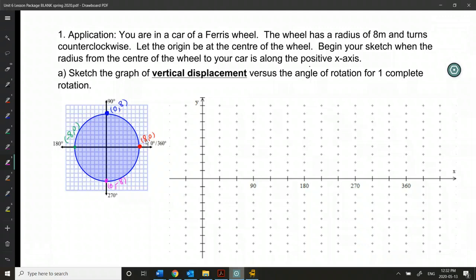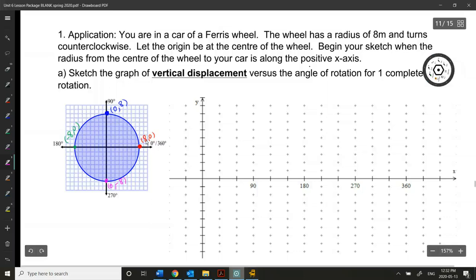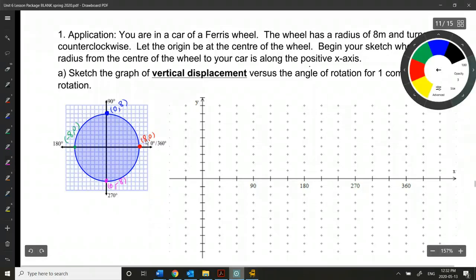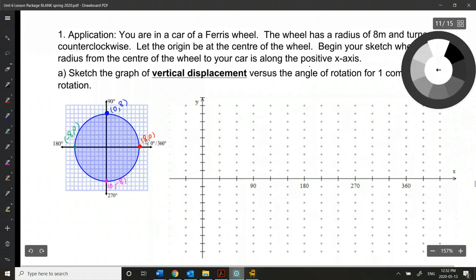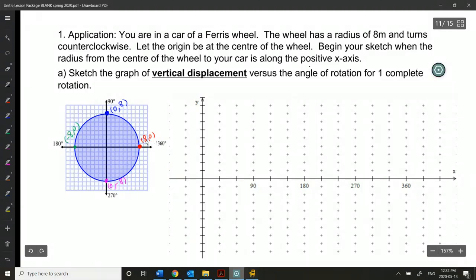Okay, so the important thing is that when you're graphing or doing applications with rotations, your starting position is 0 degrees. So yes, we have our normal 0, 90, 180, 270, 360 locations, but those actually don't tell us the rotations of our actual cart.